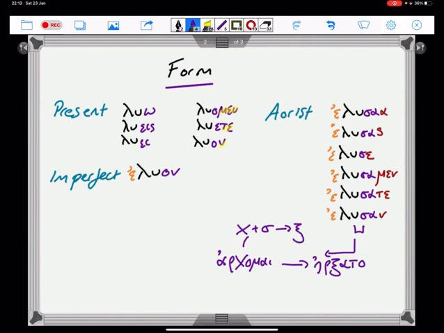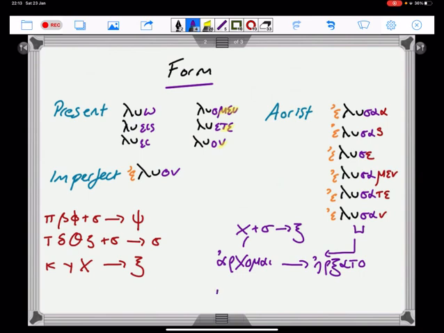There are rules to govern that. Pi, beta, phi plus sigma give psi. Tau, delta, theta, zeta plus sigma give just a sigma. And kappa, gamma, chi give psi.